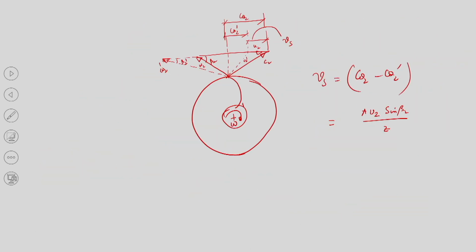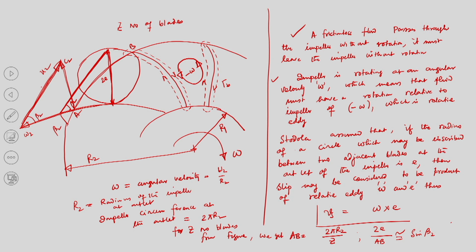When we derived the expression of slip velocity following Stodola's model, Stodola assumed that if a circle can be inscribed at the outlet of the impeller having radius e, then the slip velocity is the product of omega, the angular velocity at which the impeller is rotating, and e. If the impeller is rotating at angular velocity omega, then the fluid must have a rotation relative to the impeller of negative omega. So this omega times e is the slip velocity.